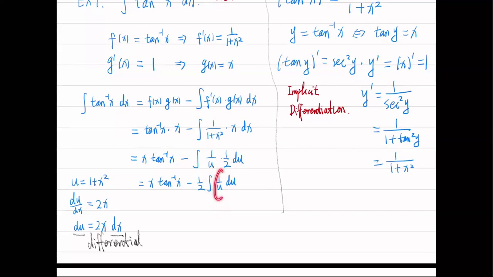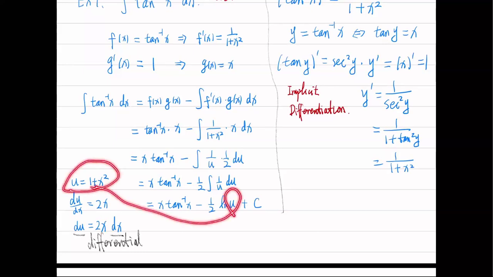Something whose derivative is 1 over u. ln u, yeah, that works. Okay, after we are done with the integral, we will switch back to the x variable because u is 1 plus x squared. Switch back.